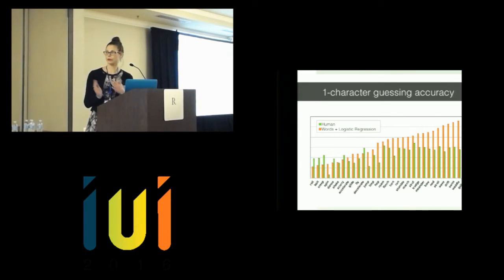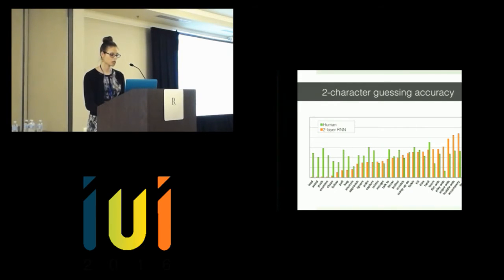Specifically, what we're looking at in this graph is the spatial temporal words model with logistic regression, which was the best one-character model. You can see that the humans did better than the model at identifying one-character actions. Overall, the average number of guesses for the model was 2.6, compared to 2.1 among the players. So the players outperformed the model among the one-character animations.